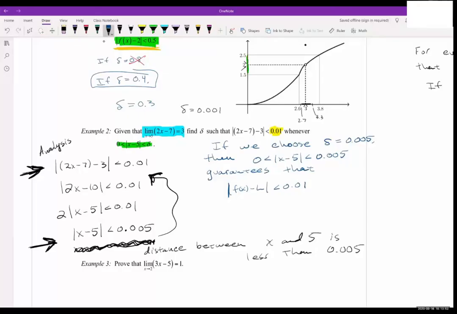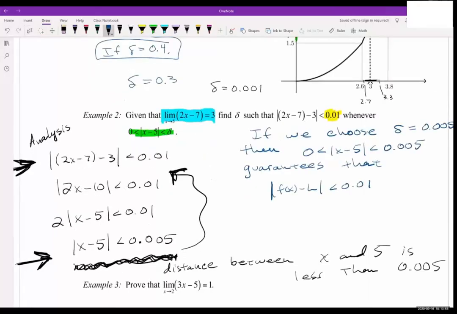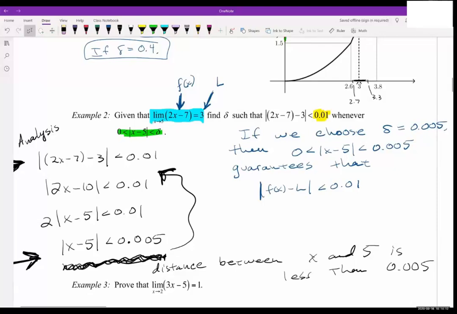Notice that f of x is the function here. That's f of x. And this is the limit L. So what that is is |2x minus 7| is f of x minus our L, which is 3, is less than 0.01. Okay?